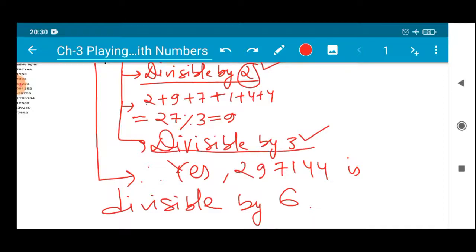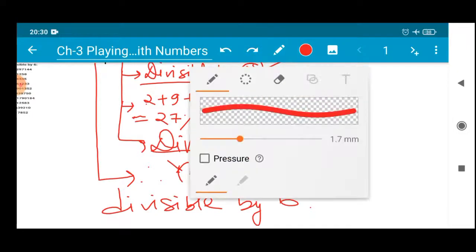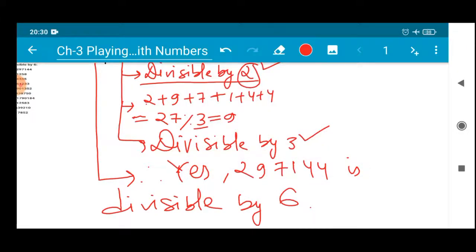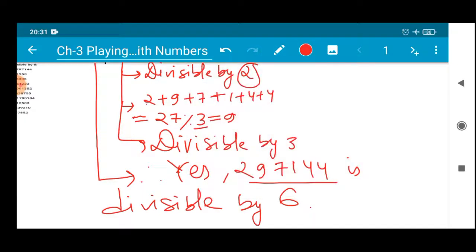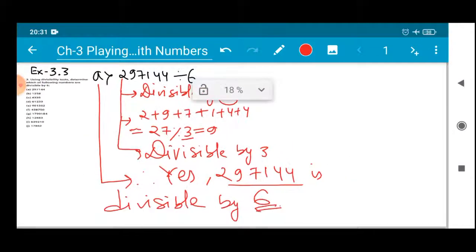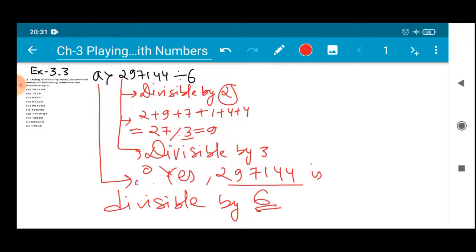And for 3, we have to add all the digits, and if the sum of all the digits is divisible by 3, then the number is divisible by 3, right? So here we got this. That is why we will consider that this number 297144 is divisible by 6. Okay, so this is our last statement that we have to write.